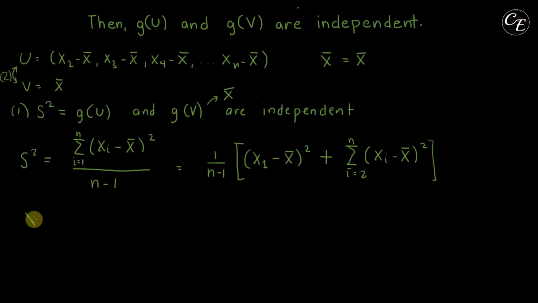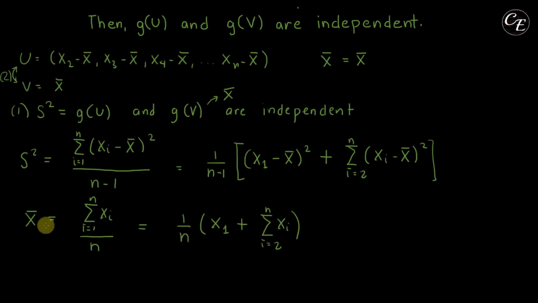Now x bar, which is the sample mean, is equal to the summation of x sub i from i equals 1 until n, over n. Then we can do the same as what we have done in here. We can extract the i equals 1 from here. So we have 1 over n times x sub 1 plus the summation of x sub i from i equals 2 to n.